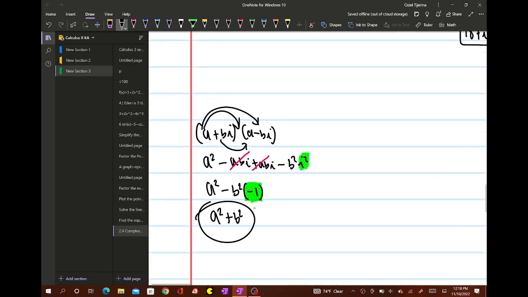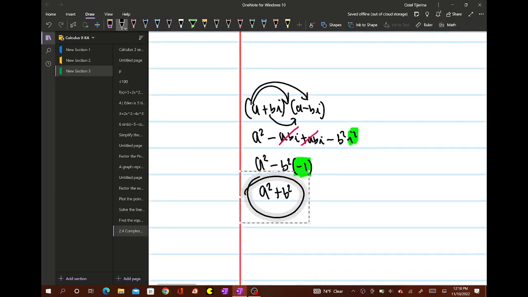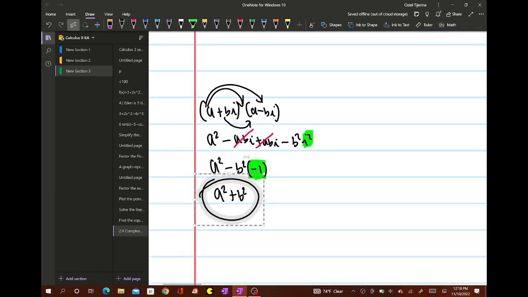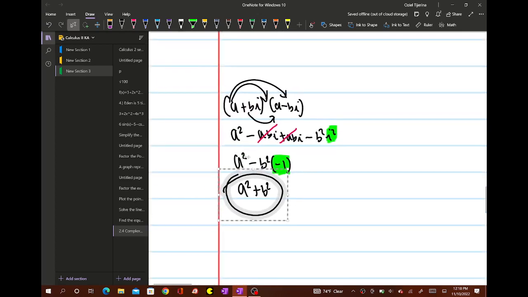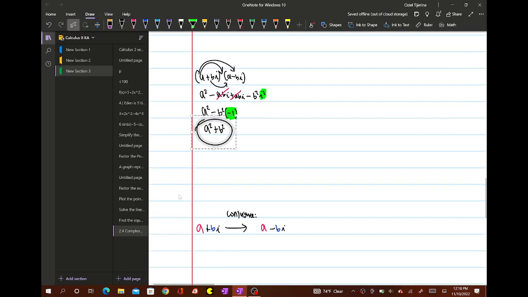Then we go on to this idea, which is basically like the sum and difference pattern, when you multiply a plus bi by its conjugate. The conjugate just means that if you have a plus bi, the conjugate is a minus bi.